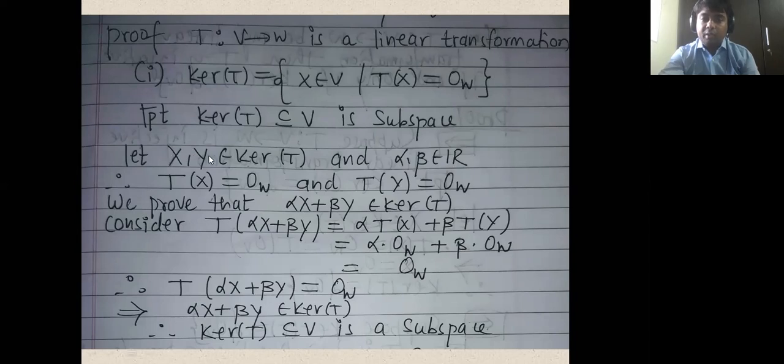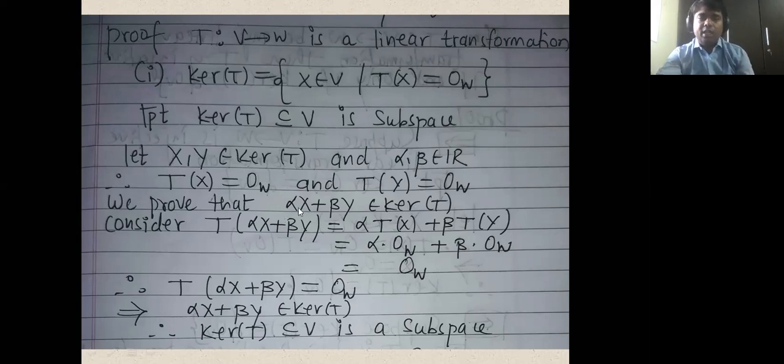Now x and y belong to kernel T. That means their image under the T mapping is the fixed vector 0. T of x is equal to 0 of the codomain, as well as T of y equal to 0 of the codomain. Then we will prove that the linear combination of x and y also belongs to the kernel, so that the kernel becomes a subspace.